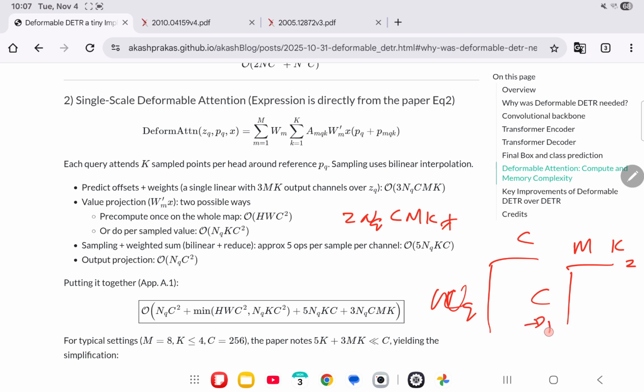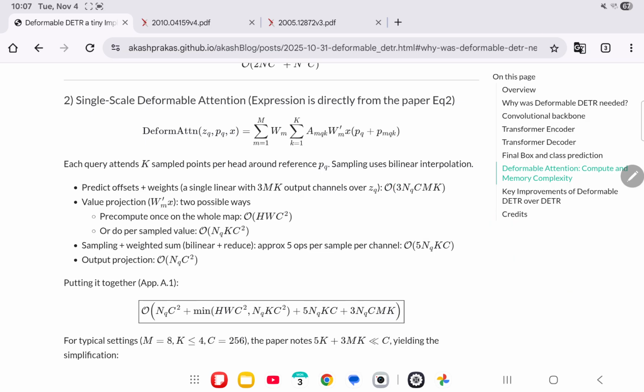So there is one parallel feed forward network that predicts the corresponding attention weight, and that will also be the same size, NQCMK, and this will become 3. So that is how the 3 comes there.